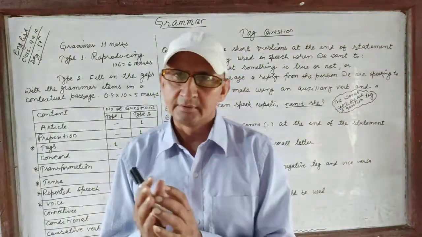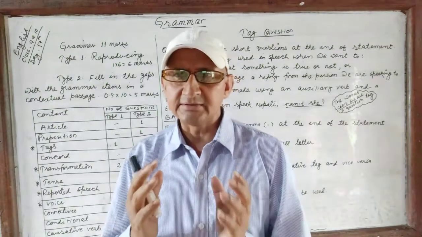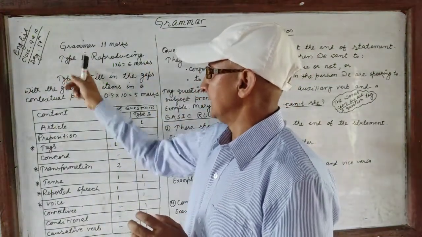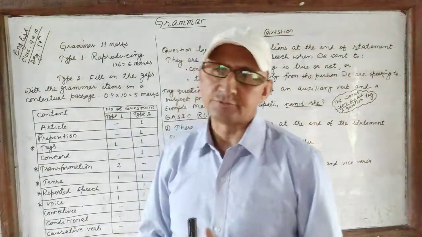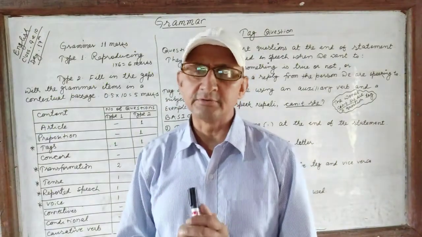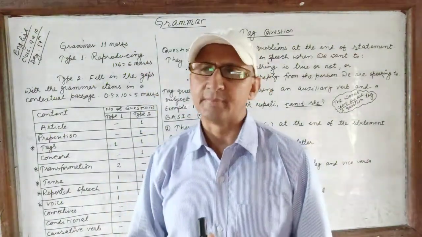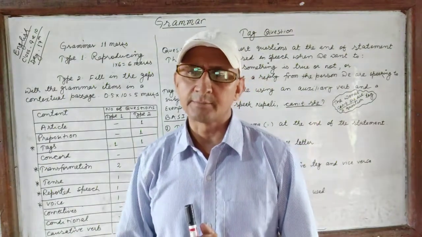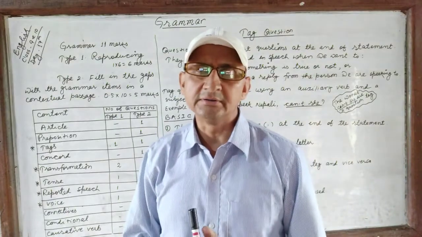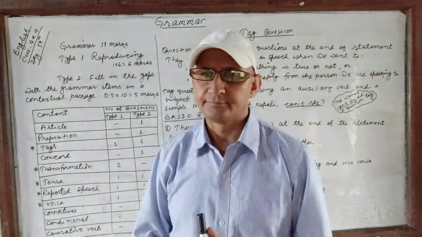And grammar falls under the writing section. It is divided into type 1 and type 2. In type 1, you have to reproduce the sentences and it covers 6 marks. The total number of questions asked is 6. Each question carries 1 mark. 6 into 1, 6 marks.